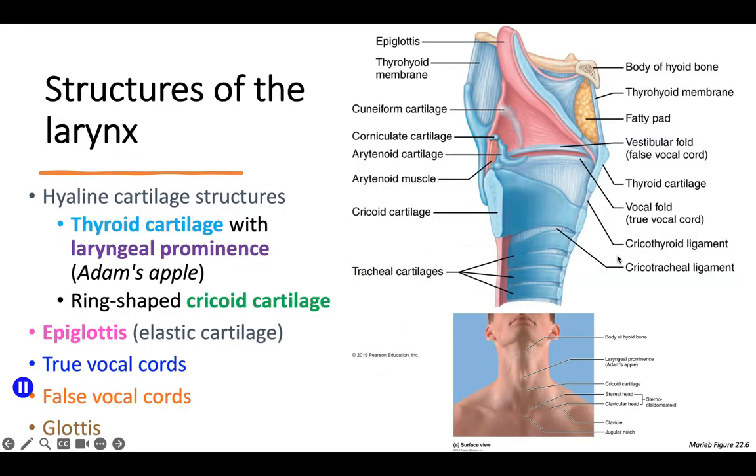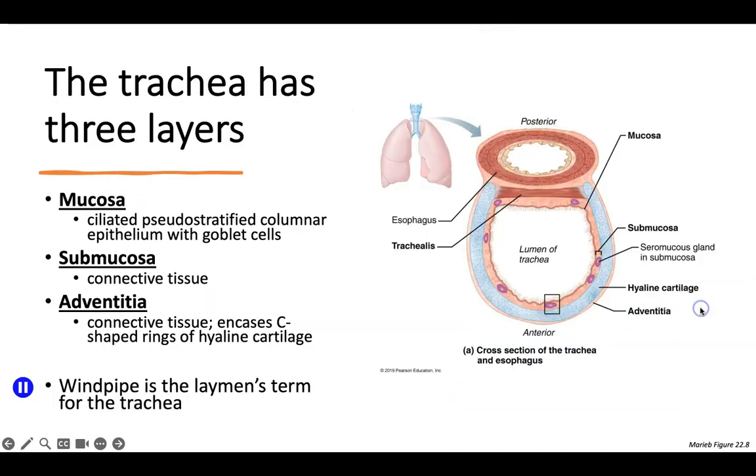Here's a different picture of that. You can see around the trachea those C-shaped rings. There is some space in the back where the cartilage does not surround. That is because there is an esophagus back there, and this gives some space for expansion of the esophagus as food is passing through.